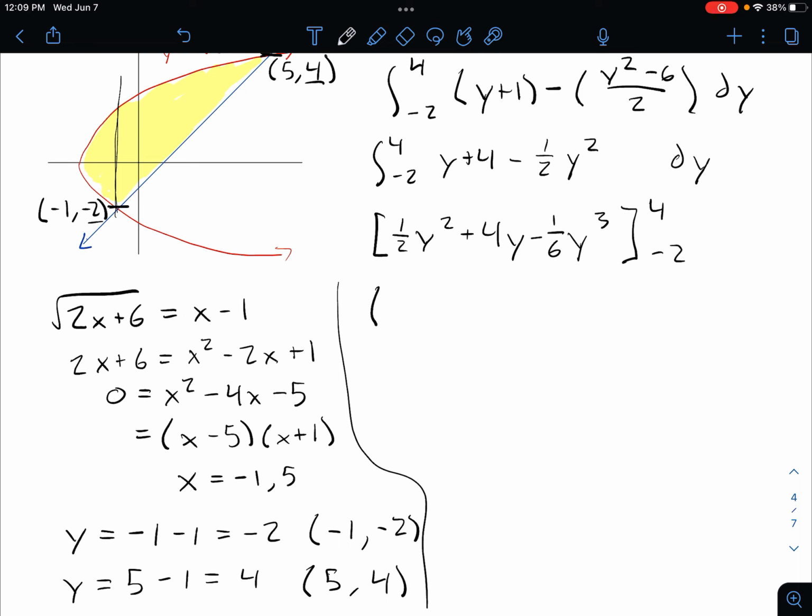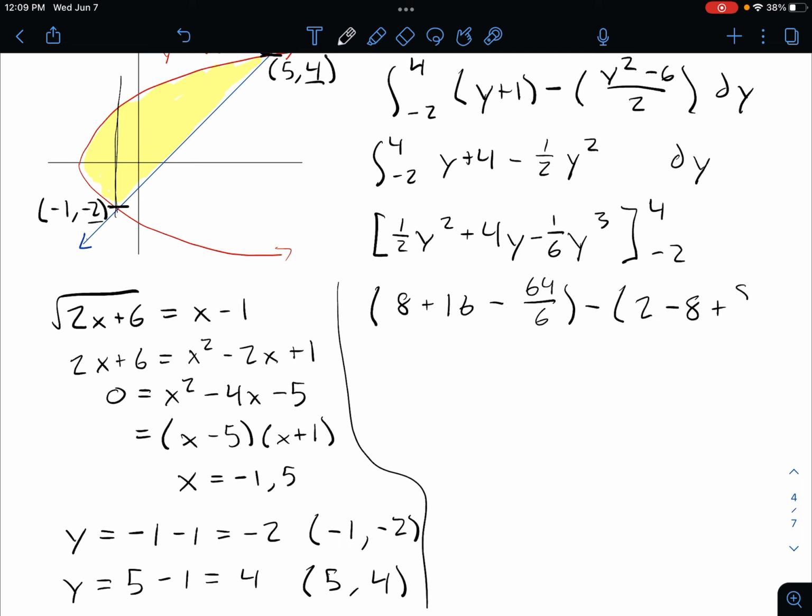So when we put the 4 in, I'm just going to cut that off there. 4 squared is 16, divided by 2 is 8. 4 times 4 is 16. 4 cubed is 64. Subtracted, and negative 2 squared is 4, divided by 2 is 2. Negative 2 times 4 is negative 8. And negative 2 cubed is negative 8.